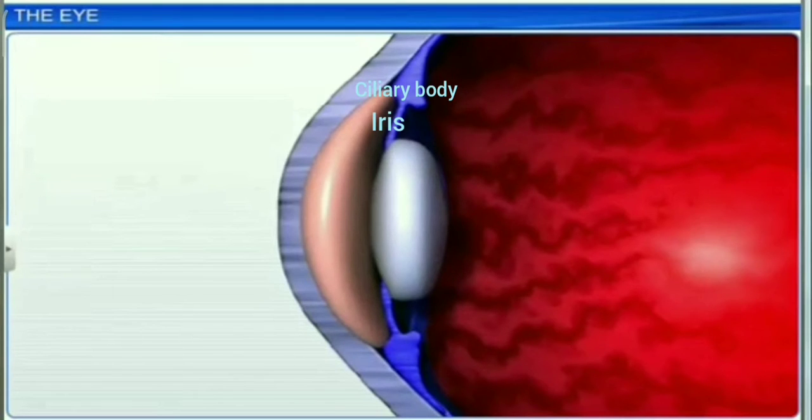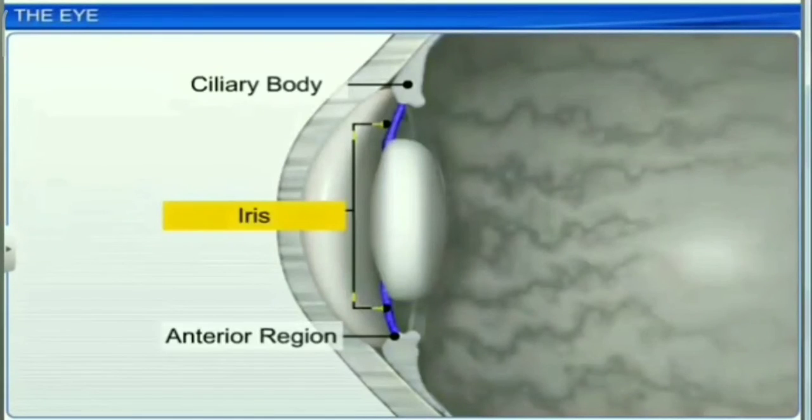If I talk about choroid proper, it lines the sclera. Due to its pigmented nature, it actually prevents the internal reflection. The blood vessels of choroid provide nutrition and oxygen to retina. Ciliary body is a thick, muscular, ring-like structure at the junction of choroid and iris.